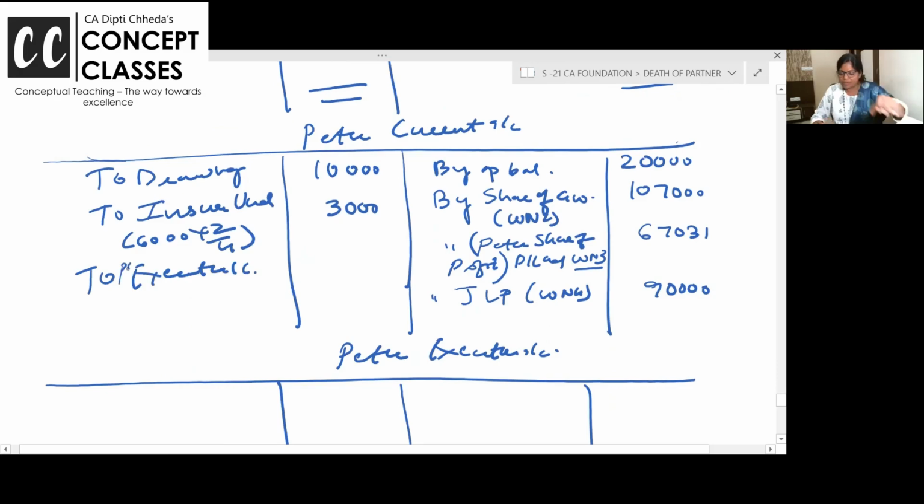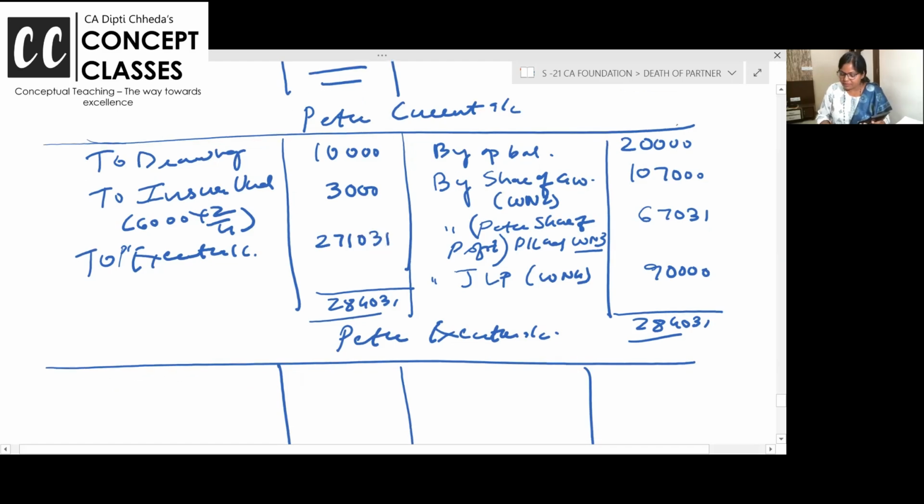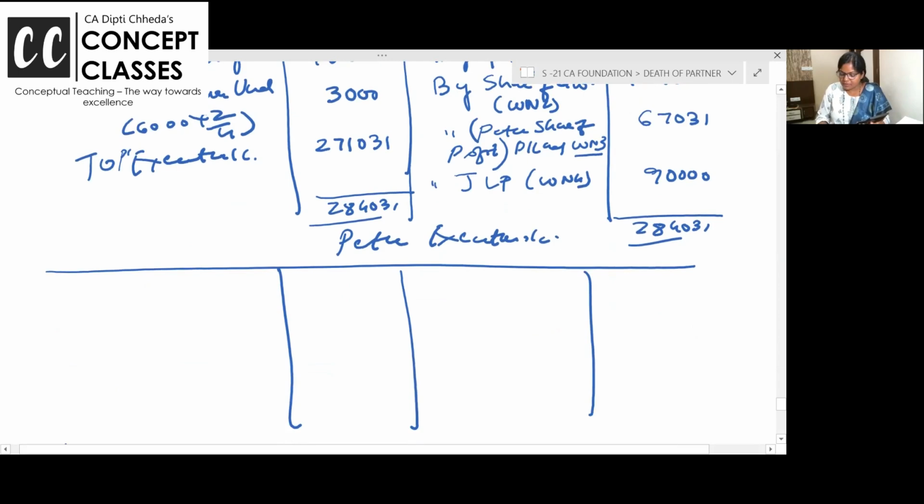P's executor's account. How much is the total? Please do it, all of you. 20,000 plus 1,07,000 plus 67,031 plus 90,000. 284,031 minus 13,000. 271,031. चलो.